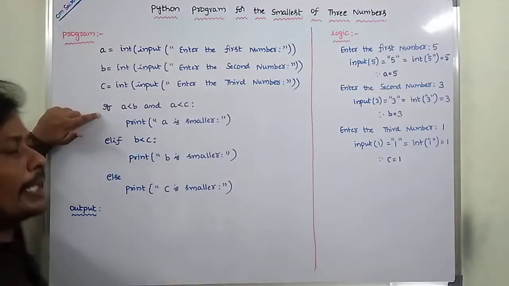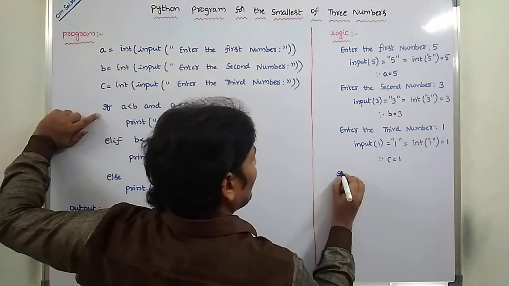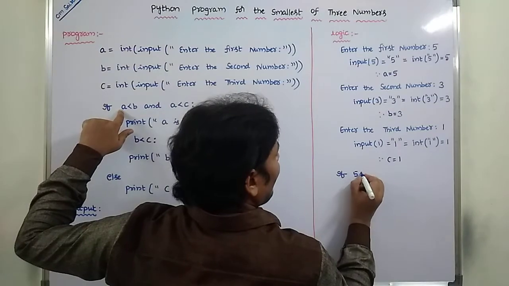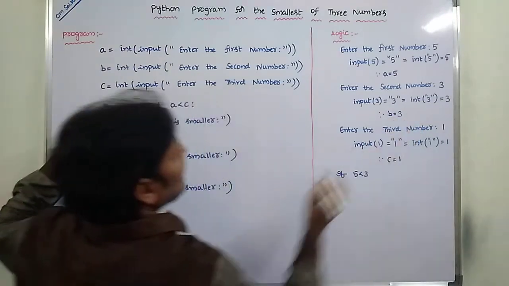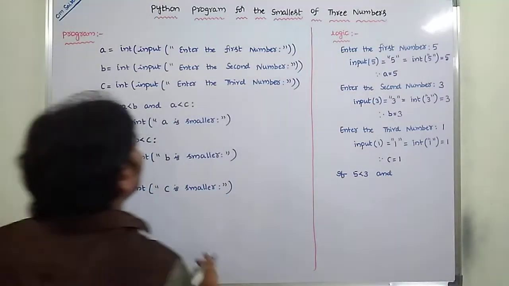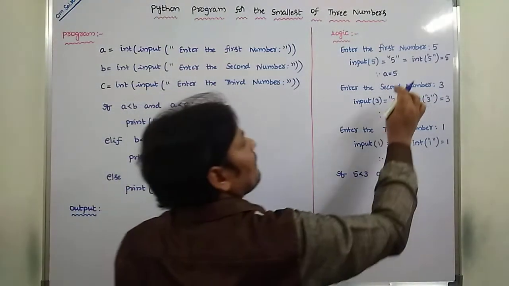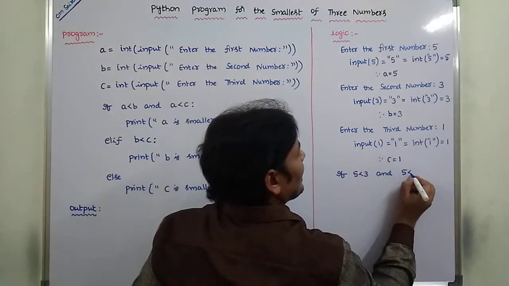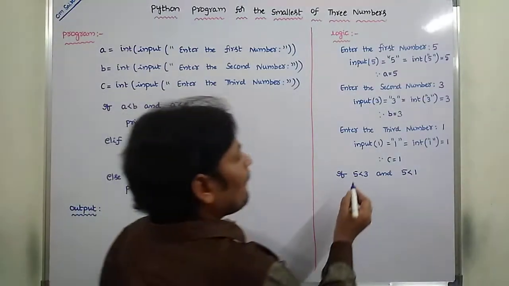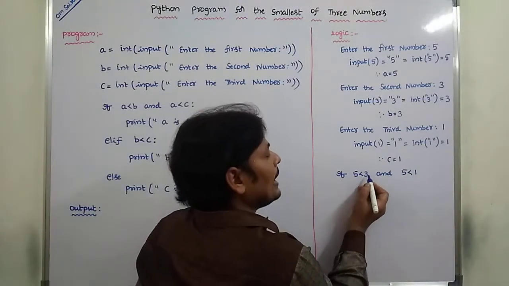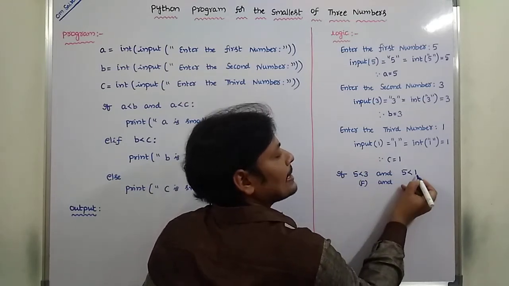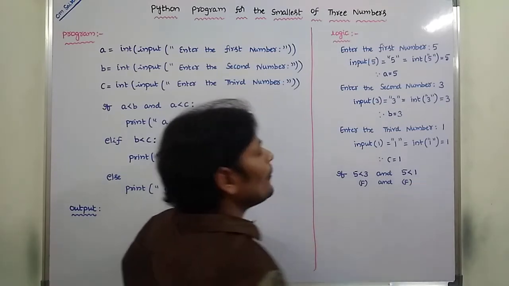Now we go for the logic. If a less than b, a value is 5, so 5 less than b value 3, and, the logical operator and, a less than c, a value 5 less than c value 1. So 5 less than 3 is false, and 5 less than 1 is also false.